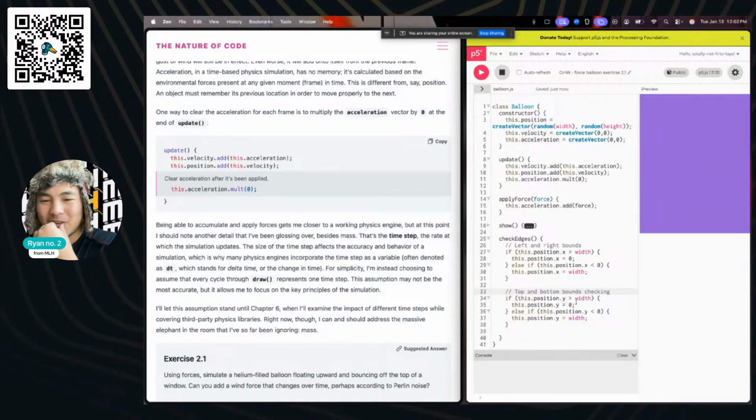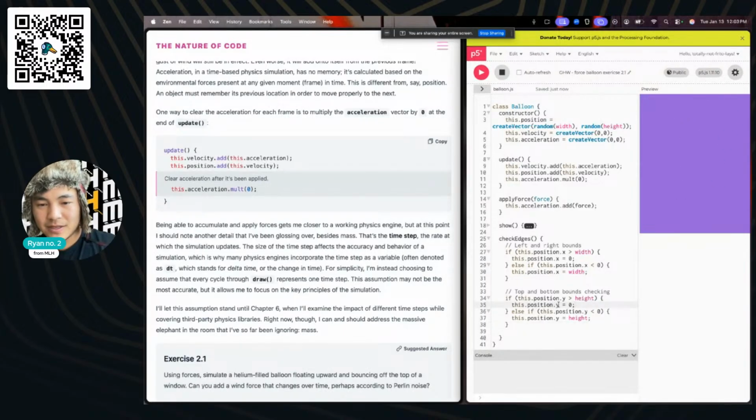Okay, so we've got the top and bottom bounds checking, and so when this dot.position.y is greater than the width, I suspect the reason why it's using width here is because we're taking advantage of the fact that this canvas is a square, so the width and the height are technically the same. I say, whoever wrote this code, as if it wasn't me. I was definitely the one who wrote this code. That was just from a previous workshop. Okay, so now we've got the proper variables.